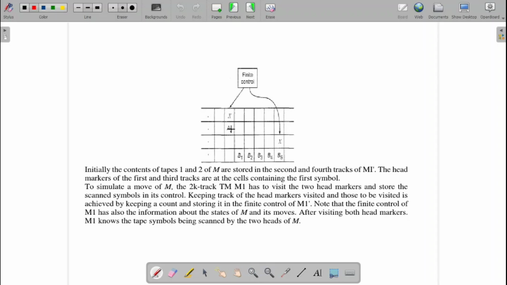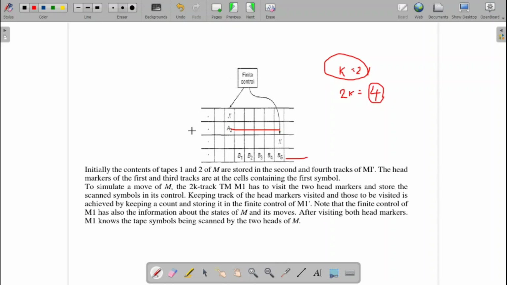All these A and B are our input symbols. Here K has a size of 2, that is two tapes. For the simulation we use 2 into K, which is 4, so four tracks are present. For the simulation of a 2-tape Turing machine, we use a 4-track standard Turing machine.